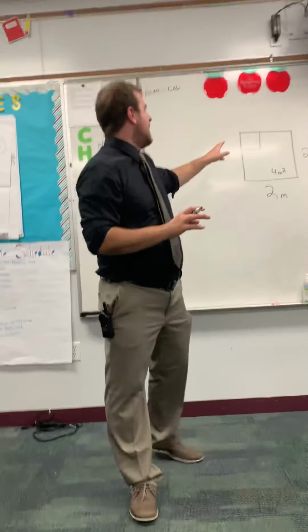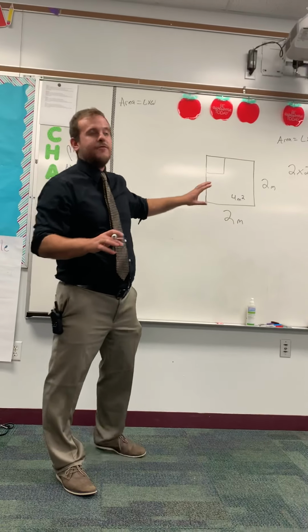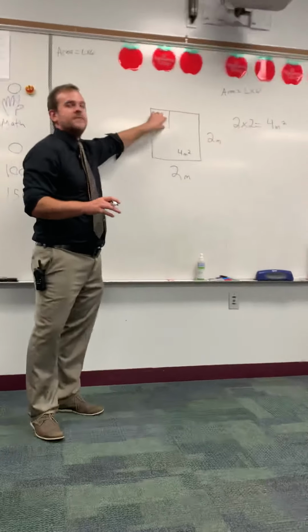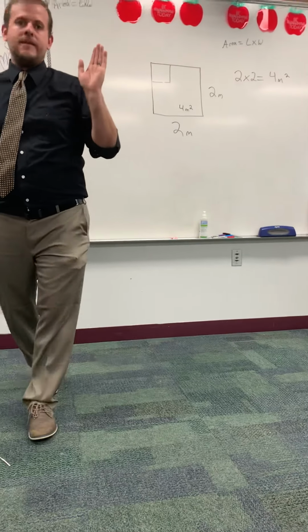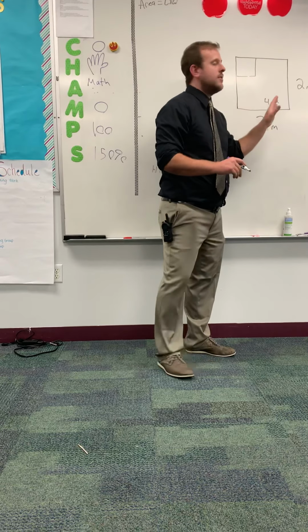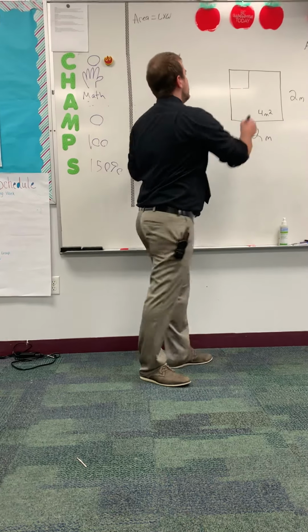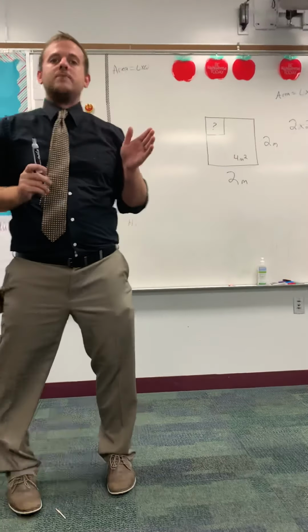So our goal of this activity is to figure out what is the area of this little corner. Well, we know the whole area is 4 meters squared. So we are trying to figure out what is that little square in the corner up there.